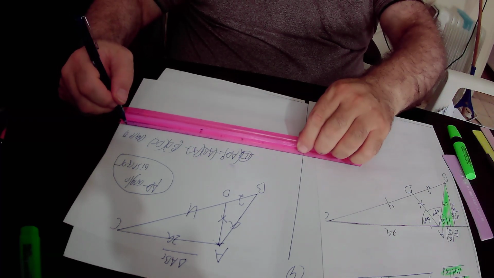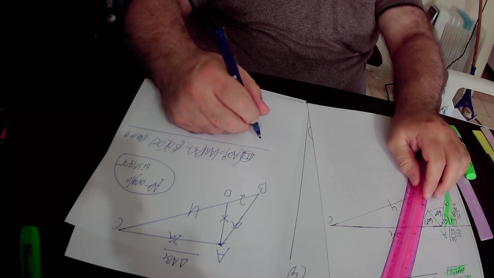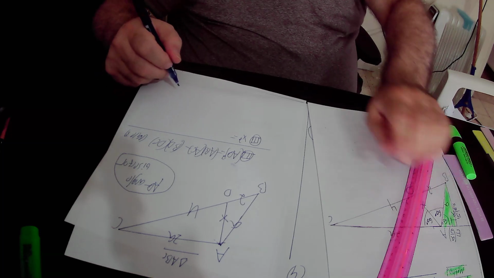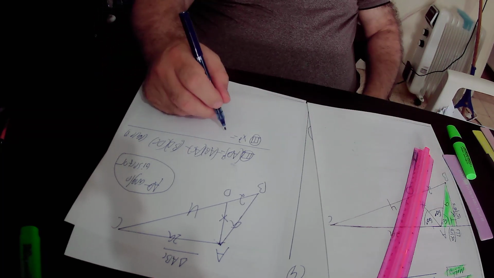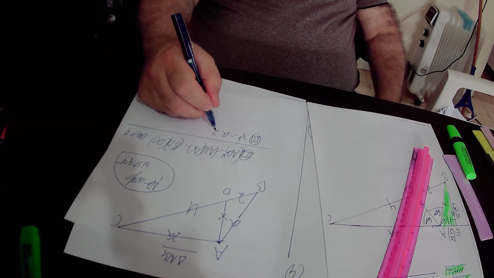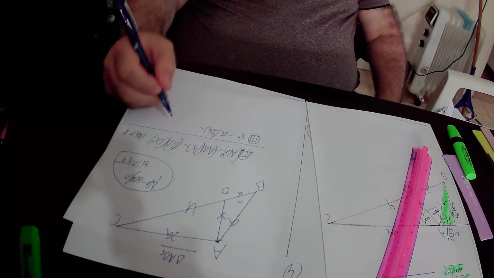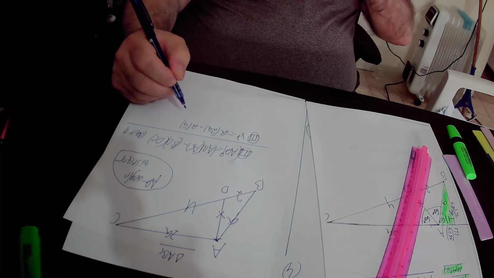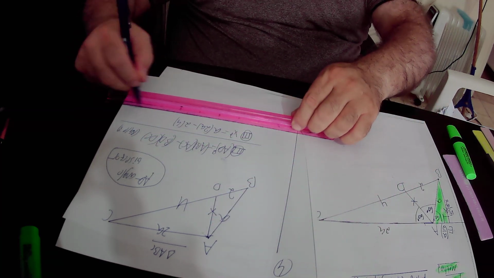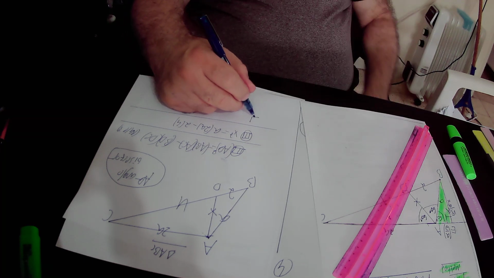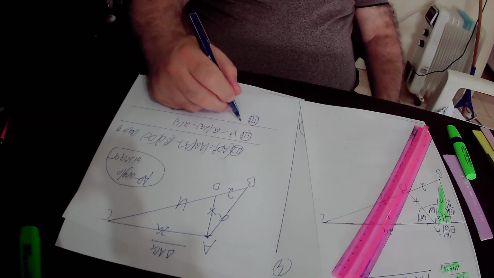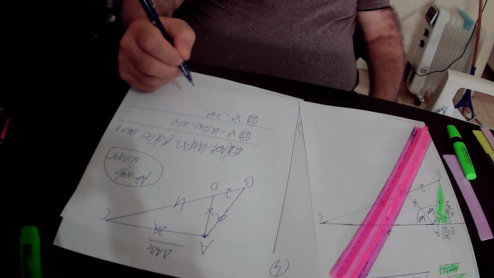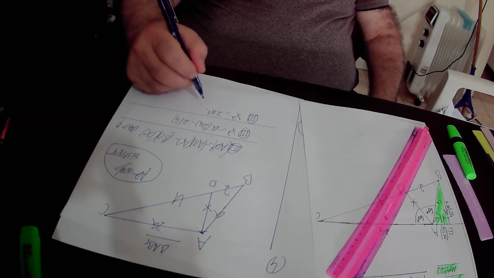So AD equals X, so AD squared is X squared. That is equal to AB times AC. AB equals A and AC equals 2A, minus BD equals 2 times DC equals 4. So X squared, according to equation number 3, equals A times 2A, which is 2A squared, minus 2 times 4, which is minus 8.